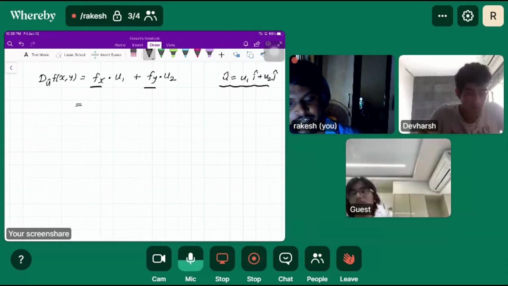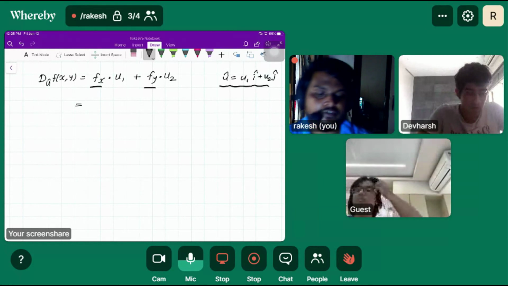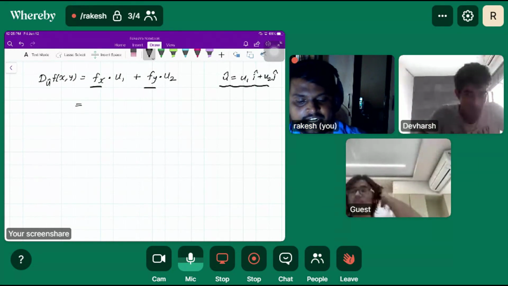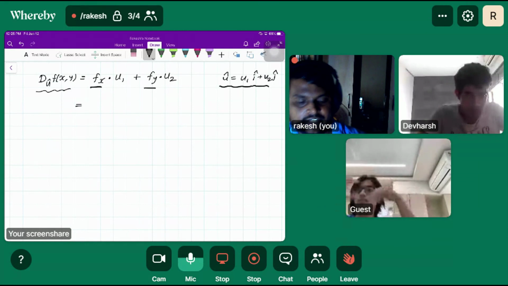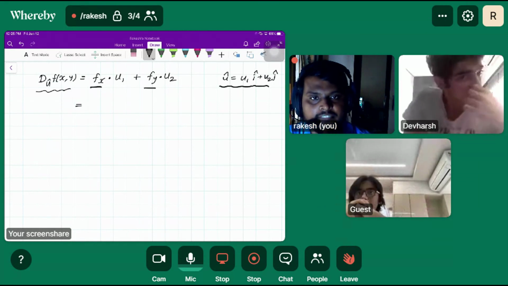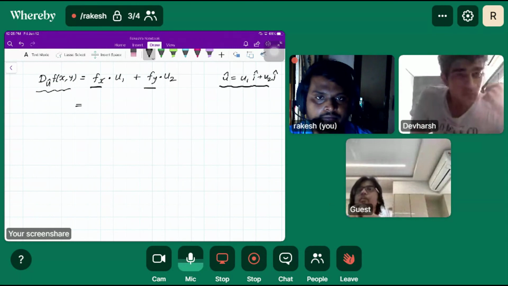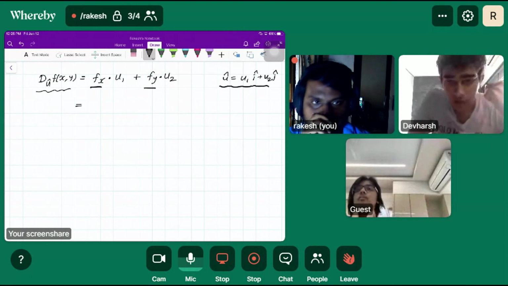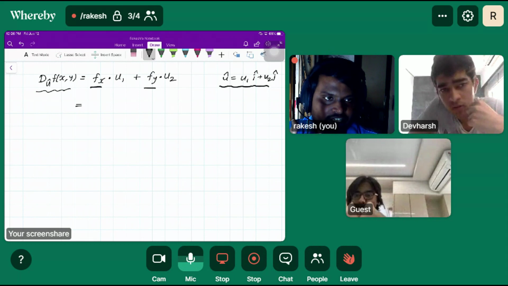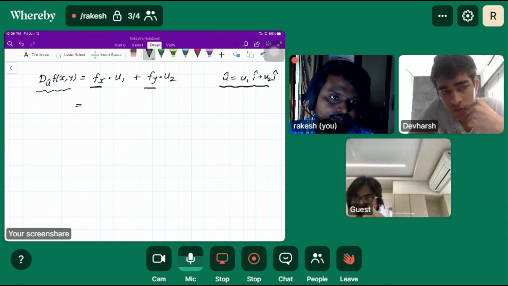Now what I want to explain here is, if you look at this term properly, it is what you get at this point. What is the value of this? Is it scalar or vector? What is the slope of any tangent line? Is it vector or scalar?